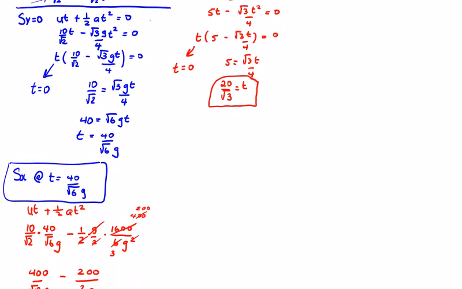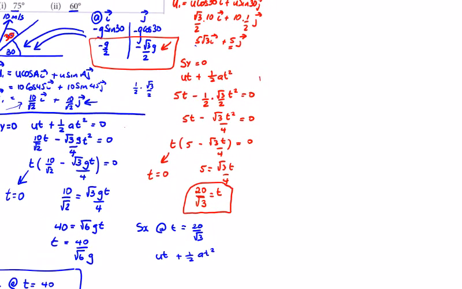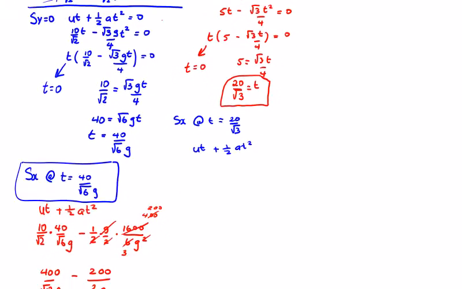So now filling this into your s of x. S of x at t is equal to 20 over root 3. So my ut plus a half at squared becomes, we have this 5 root 3 now in the i direction times t, which is 20 over root 3.